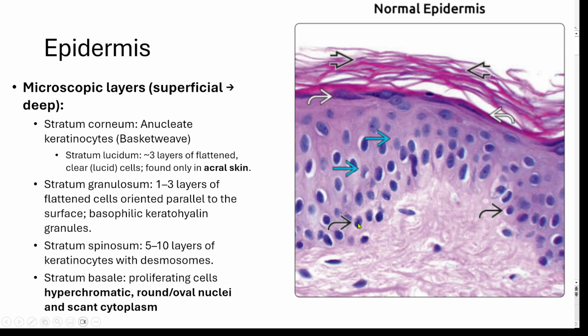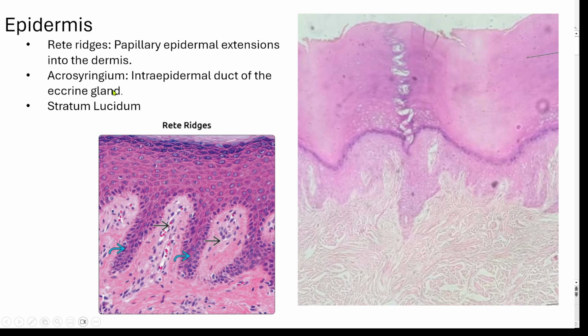It has a hyperchromatic nucleus with a round or oval shape and a scant cytoplasm. Then we have the other things that we need to think about. The rete ridges are basically the extensions of the epidermis into the dermis.